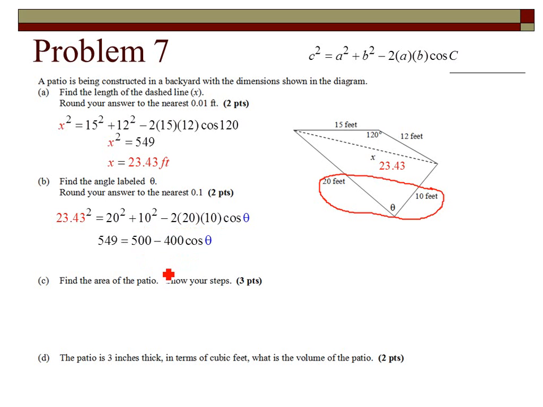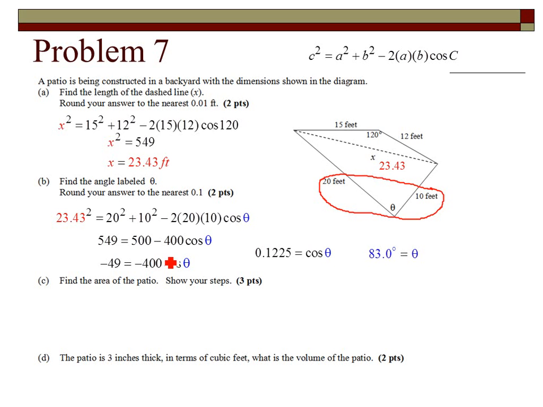So subtract 500, divide by negative 400. I get 0.1225 equals cosine of theta. Do inverse cosine. You don't have to worry about any special weird things with cosine when you find an angle. I got 83 degrees.